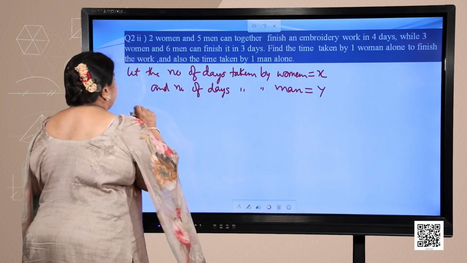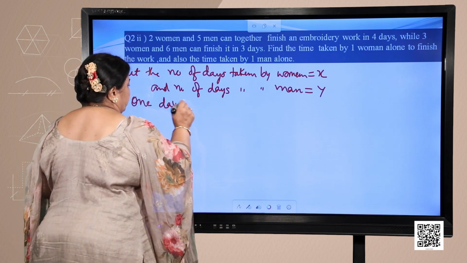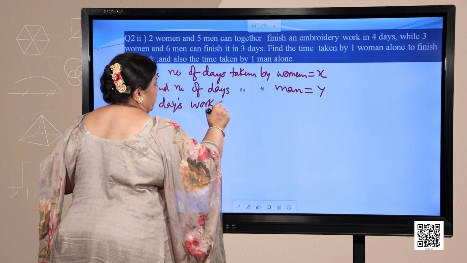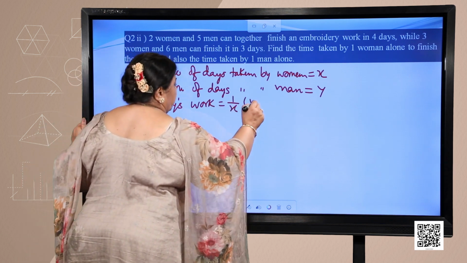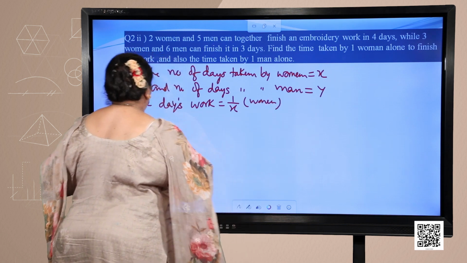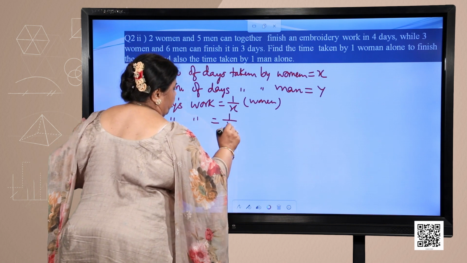So, 1 day's work of 1 woman will be how much? 1 upon x, and this is for women, and for men it will be 1 upon y.